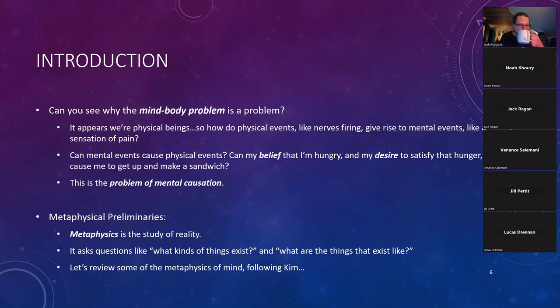So if we think of physical causation, we're talking about billiard ball causation, right? I strike the cue ball with my cue stick and it hits the 8 ball, which rolls into the corner pocket, right? That's physical causation.